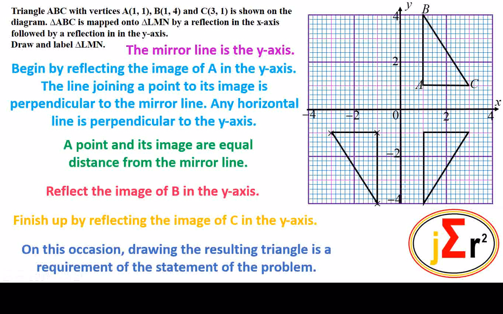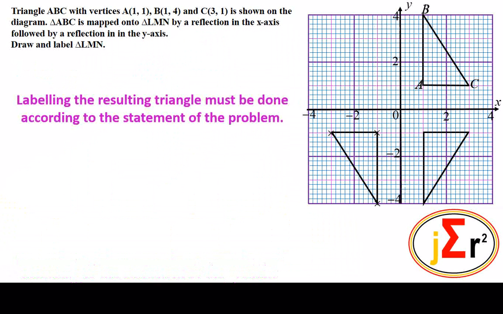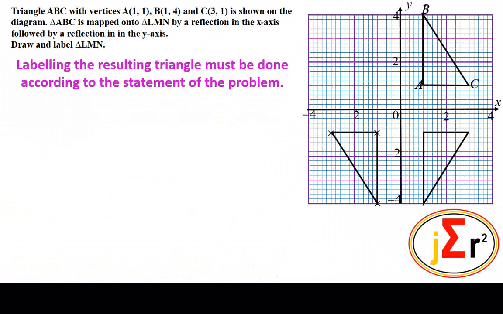So the point that is actually the image of A will actually have to be shown to be the image of A. Labeling the resulting triangle must be done according to the statement of the problem. Triangle ABC is mapped onto triangle LMN as we have it there. It means that the image of A is L. There we go. The image of A is L.